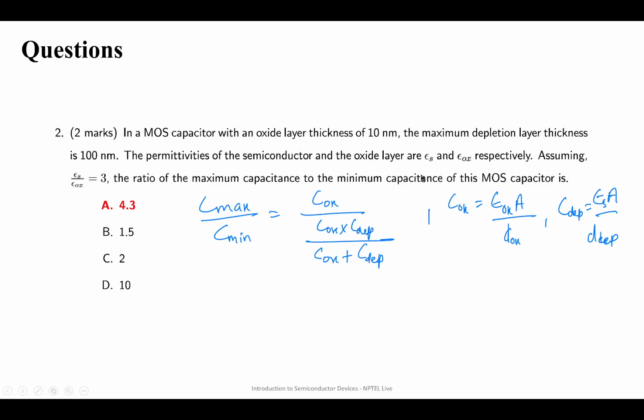C depletion you can write as epsilon S by 100, or 3 epsilon ox by 100. So this will be 3 epsilon ox by 100, and this will be epsilon ox by 10, which is 10 epsilon ox by 100. So you can write it as 13 by 3, which comes out to be 4.3.